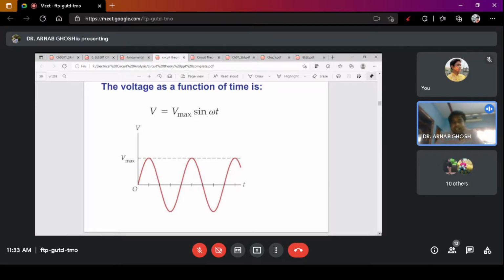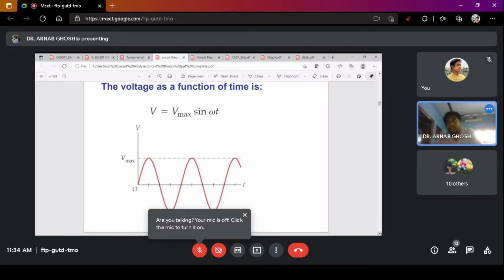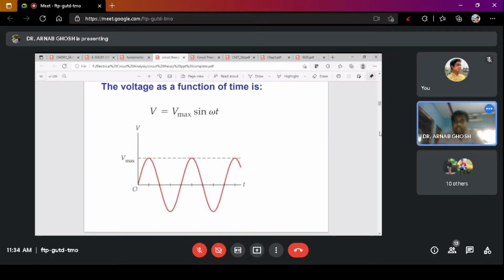Now what is this f? Frequency of the supply voltage or the supply current. AC supply voltage or AC supply current. Now what do I mean by the frequency? If you look at the diagram, if you consider one complete wave, from this point till this point, this is one complete wave, right?